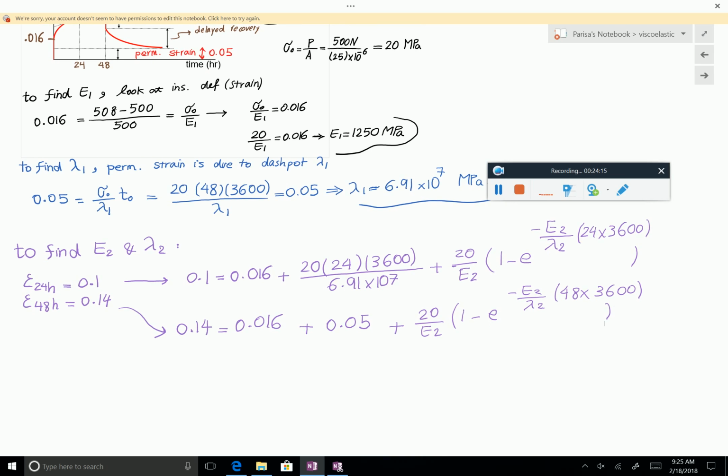And if we do the calculations, this quantity will be about 0.025.